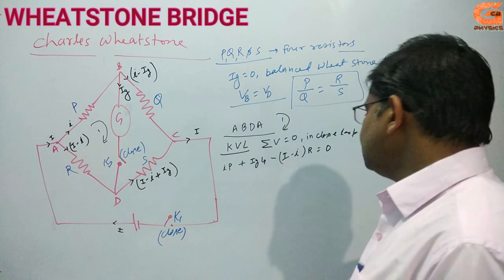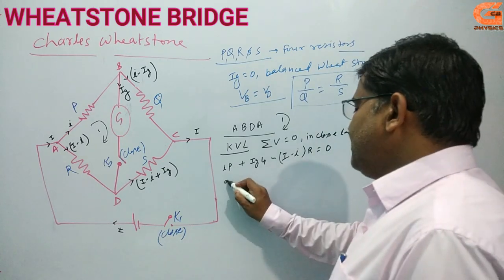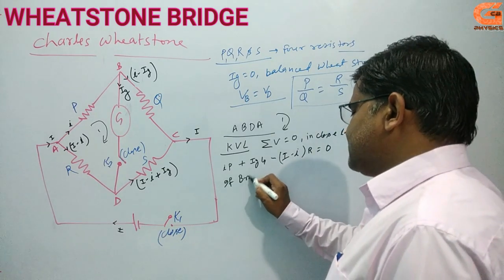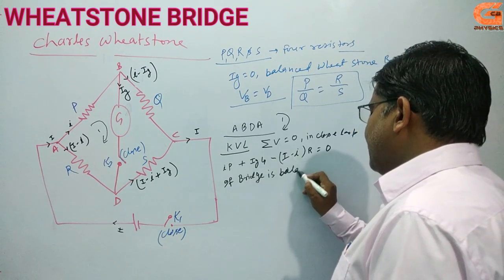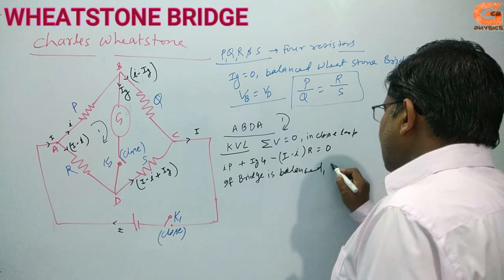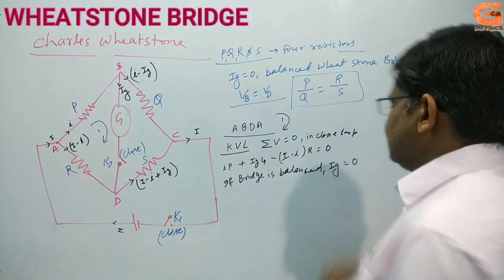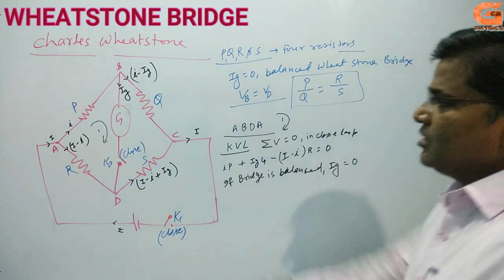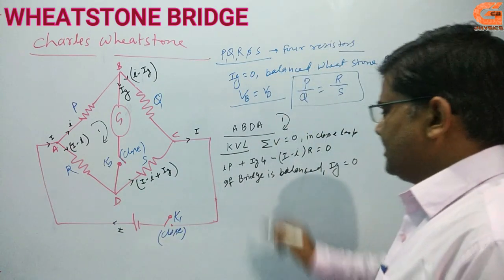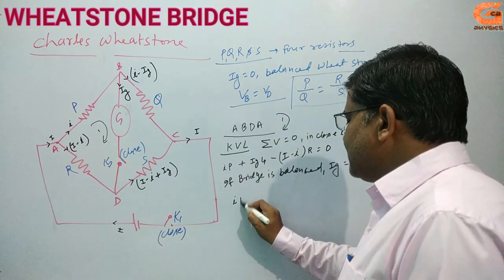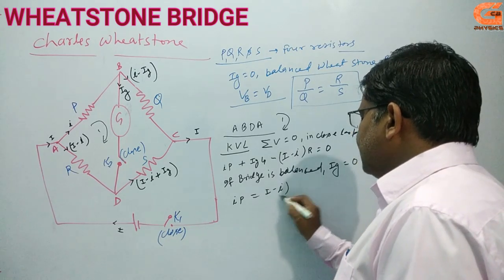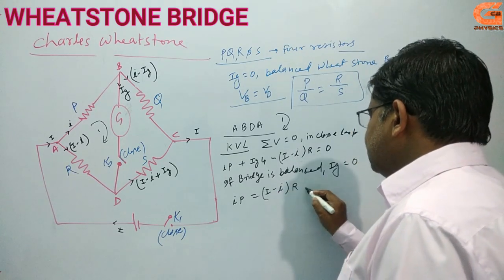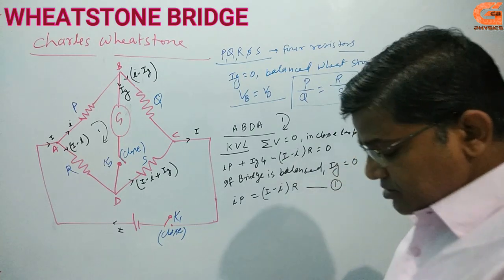Very simple. And if the bridge is balanced, it means Ig equal to 0. There is no current flowing through the galvanometer, and the equation becomes Ip is equal to I minus I into R. This is equation number 1.